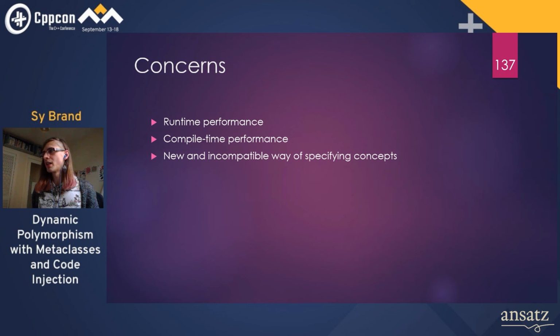What's a reasonable path for gradually introducing these techniques into a code base as different pieces of needed machinery enter the standard? So I think for what I'm specifying here, you could do it with just static reflection and code injection, which means that static reflection is going to come before code injection most likely.